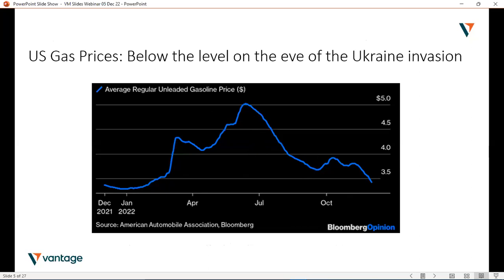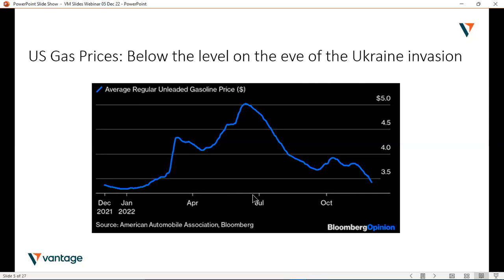Interestingly, that will potentially affect headline inflation, pushing that lower, and it increases the pressure on other prices by releasing money for household budgets to spend elsewhere in the economy. But really key, we think, this chart highlights this fall in gasoline prices, one of the biggest upward pressures on inflation, which is now coming lower.